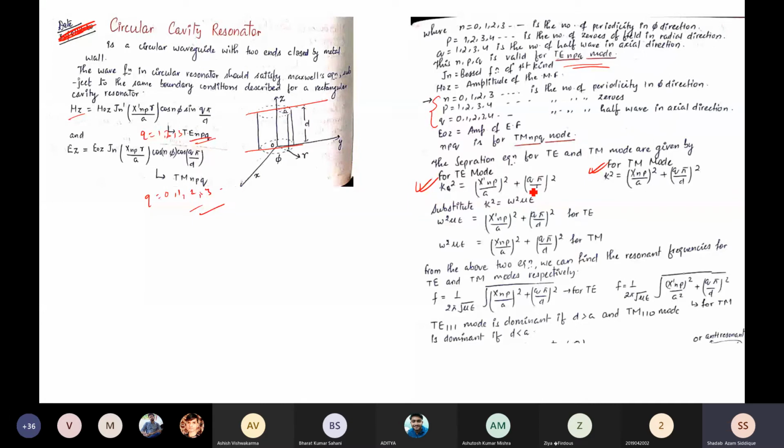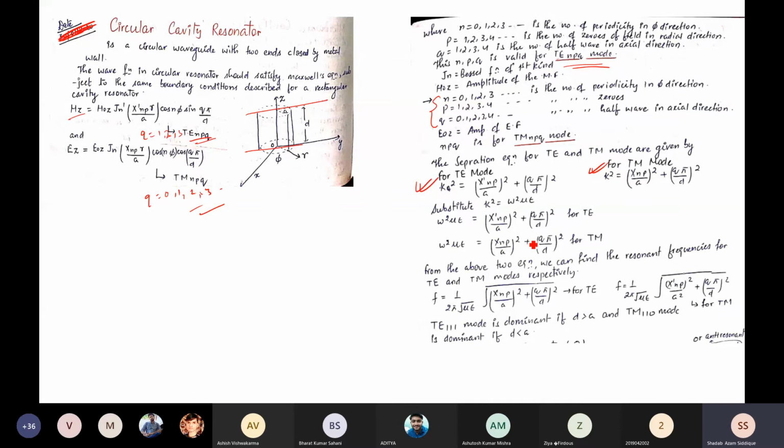So k square is equal to omega square mu epsilon, which comes out to be this one for the TE mode and this for the TM mode. Here you can see TE is different and TM is different, because for TE we are using X'np and for TM we are using Xnp. So both are different, which means the resonant frequency will also differ.